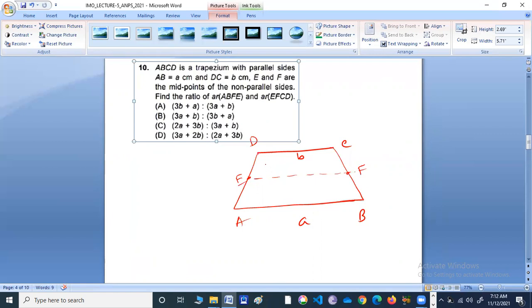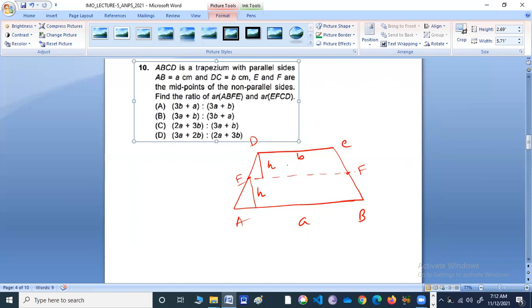So we know by the intercept theorem that this is parallel, then it is equally intercepted. Equally intercepted means the distance will remain the same. So if the distance is h, here also the distance will be h.